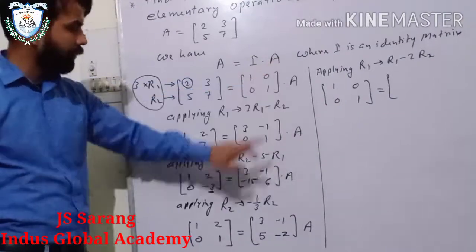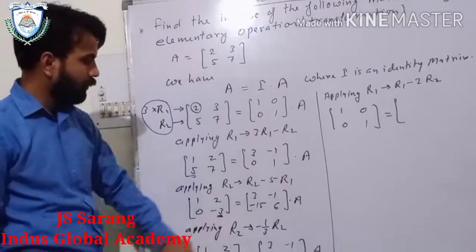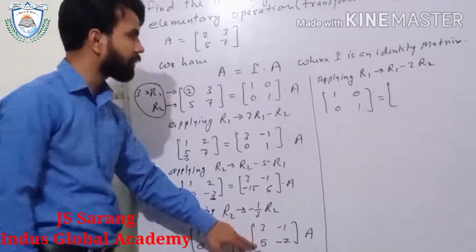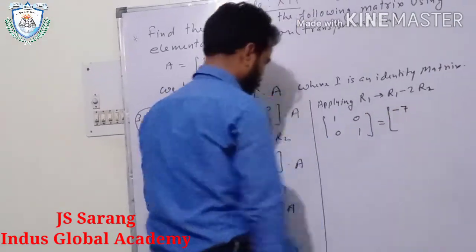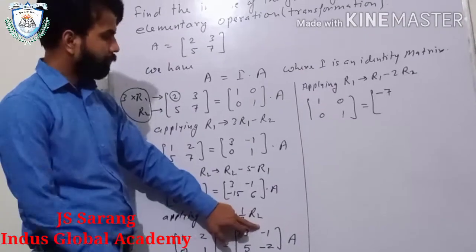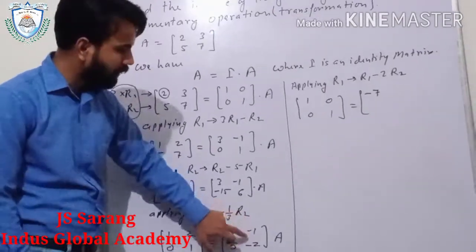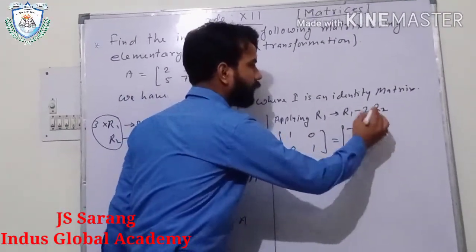The same operation we will apply in this matrix. So R1 minus 2R2: 3 minus 2 5s are 10. So 3 minus 10 is minus 7. Next, minus 1, minus minus plus 2R2: 2 2s are 4, minus 1 plus 4, we will get 3.